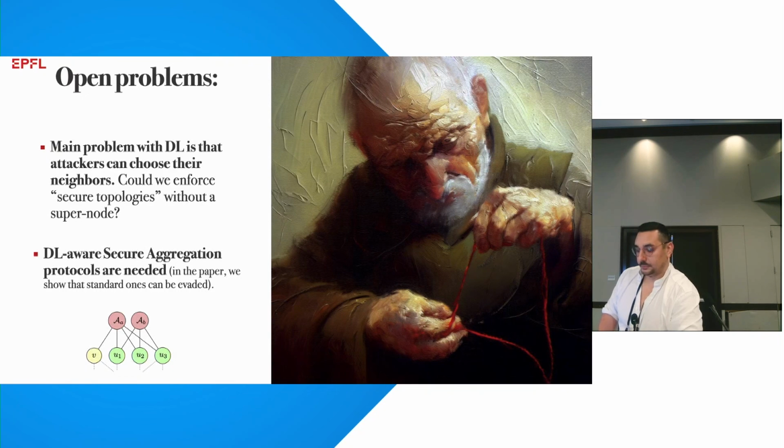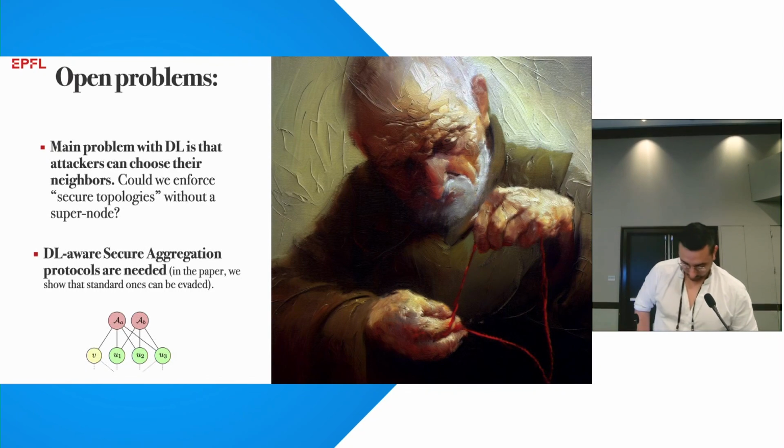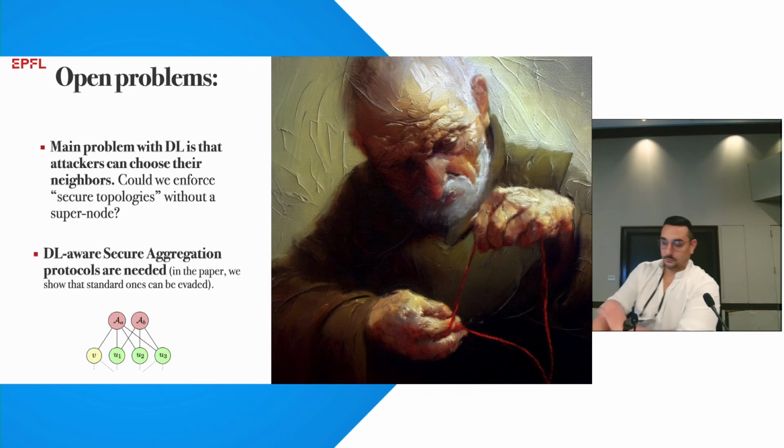So you mentioned as a motivation for DL that there's no privacy in the FL setting. But once you introduce secure aggregation to that setting, what are the limitations then? Secure aggregation is not perfect. Indeed, we had a paper at CCS last year where we showed that secure aggregation is not secure.